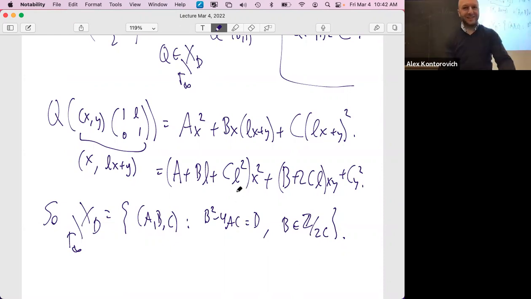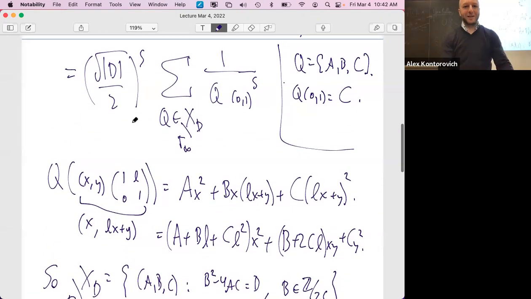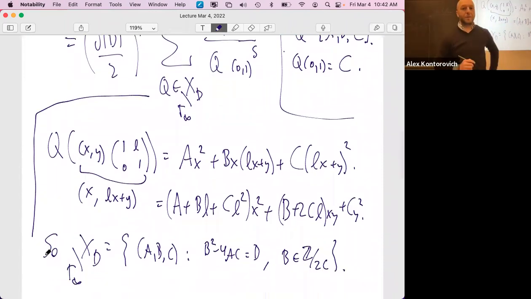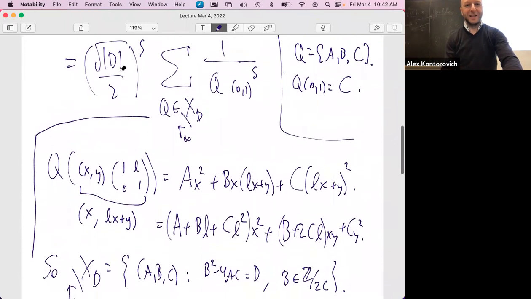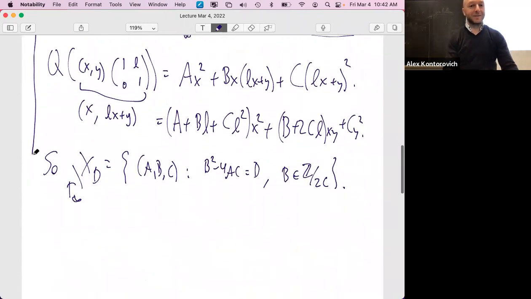Okay, so let's write this sum in a different way. But not all those b's are options, are they? Not all of those b's are options. Only the ones with this property. Exactly.